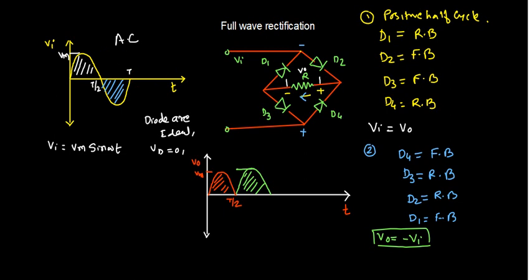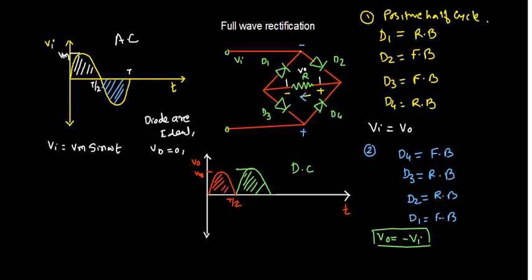So both half cycles are in the positive part. So this one is a converted DC signal. So AC is converted to DC. So this is a full wave rectification using this bridge network.